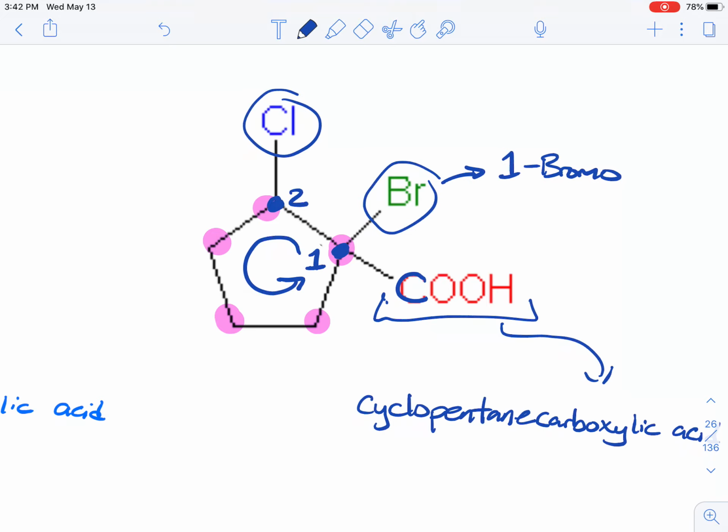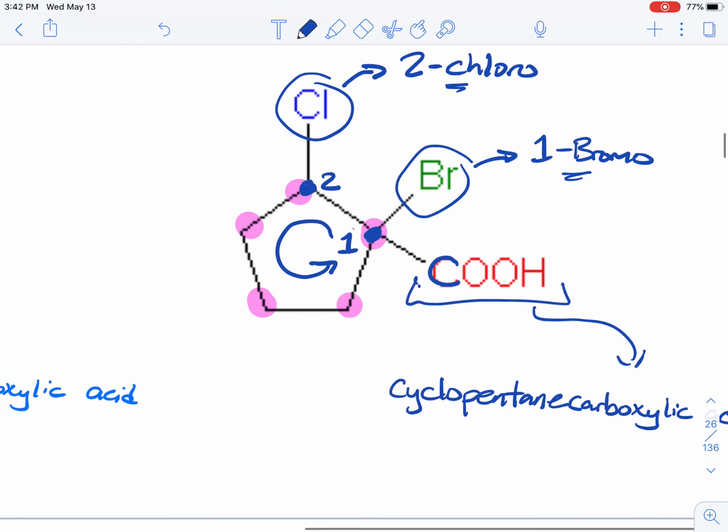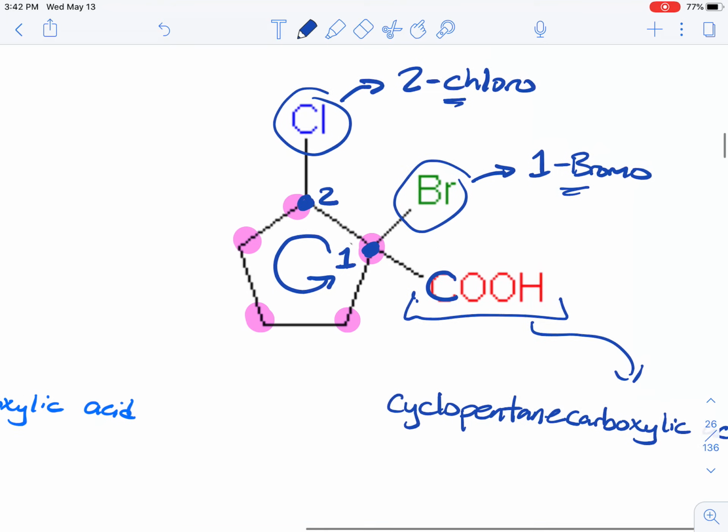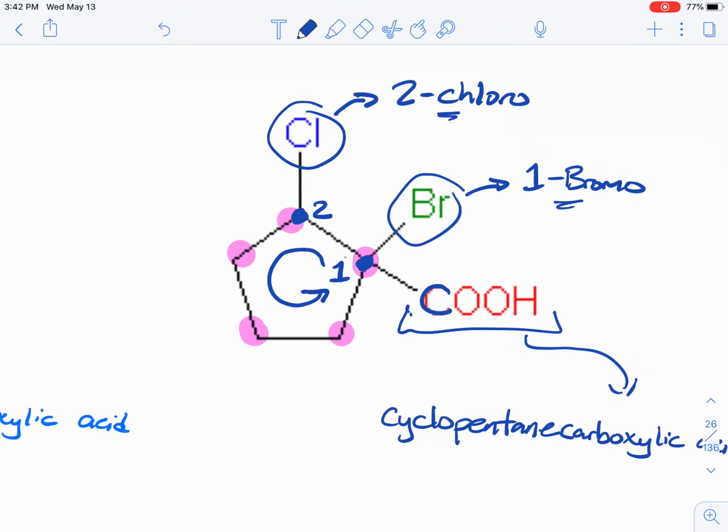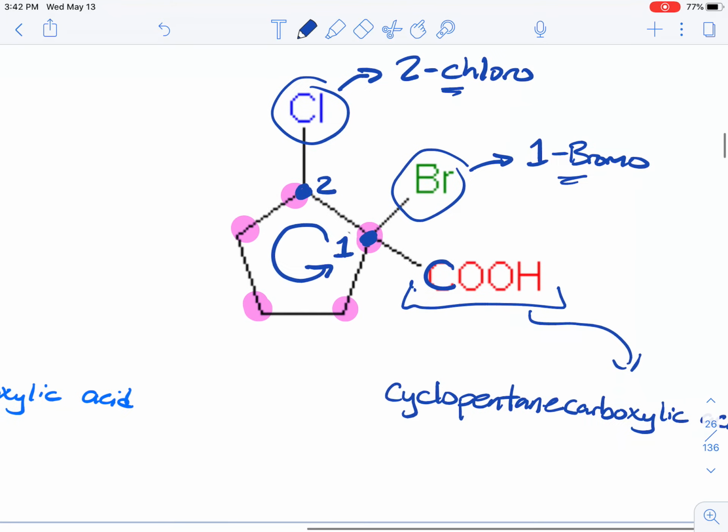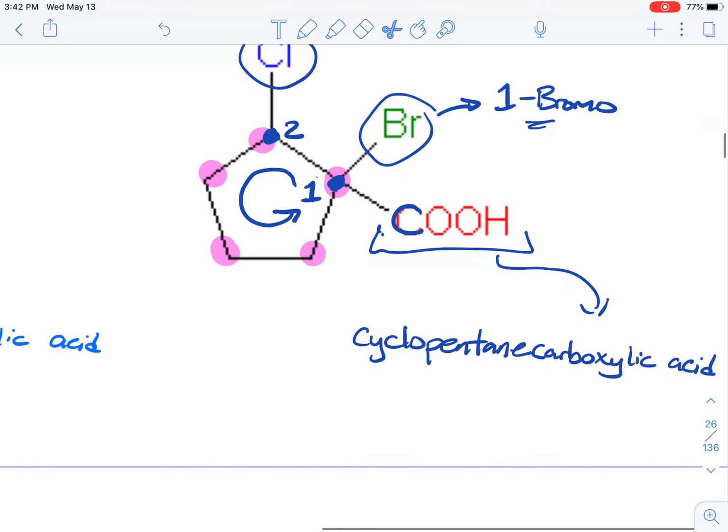So for carbon number 2, we have a chloro. So we're going to say 2-chloro. Notice that we have 2 different substituents, chlorine and bromine. So we're going to organize them alphabetically, such that the B comes first before C. And so I need to move this down.